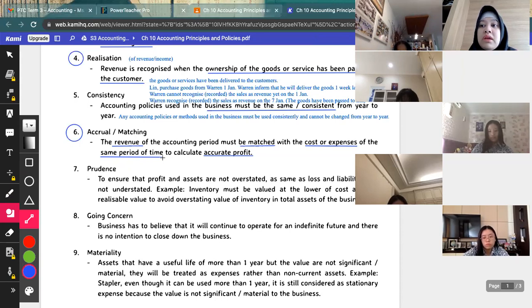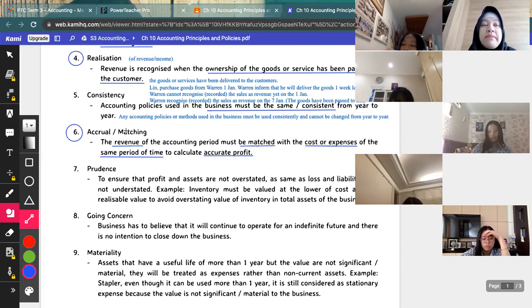One accounting period is 1 year. Sometimes you pay rent for 18 months, 24 months, or maybe 3 or 5 years. It means when you make the income statement, you have to match or adjust the income and expenses to only the current period.